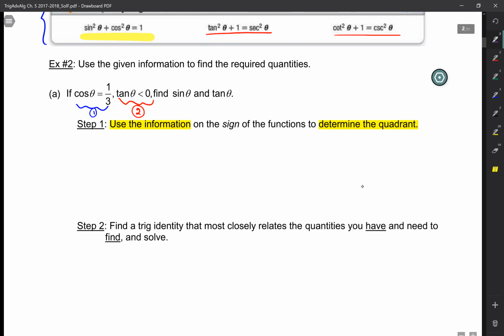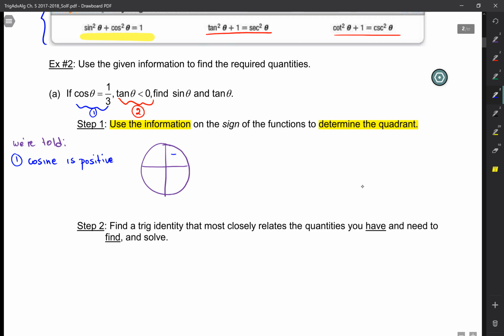Here's the unit circle. What are we told in information number 1, in the blue one here? We're told that cosine is 1 over 3, but more importantly, we're told that cosine is positive. Where are the quadrants where cosine is positive?